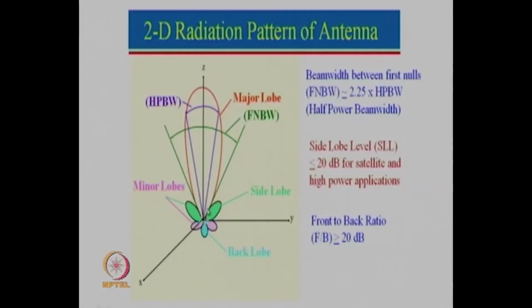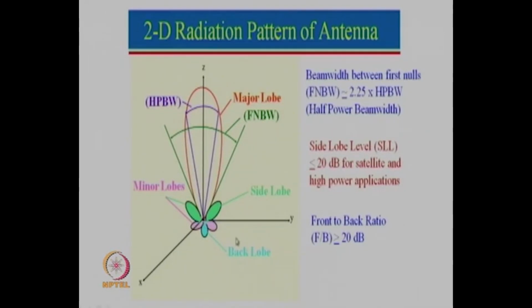So if it is 1 kilowatt, and if the side lobe was just 10 dB, 10 dB will be 1/10 of the power. So 1 kilowatt is in this direction, that means 100 watt power will be transmitted in this direction, which is not desirable. So 20 dB would mean 1 by 100. So if it is 1 kilowatt, this is still 10 watt.